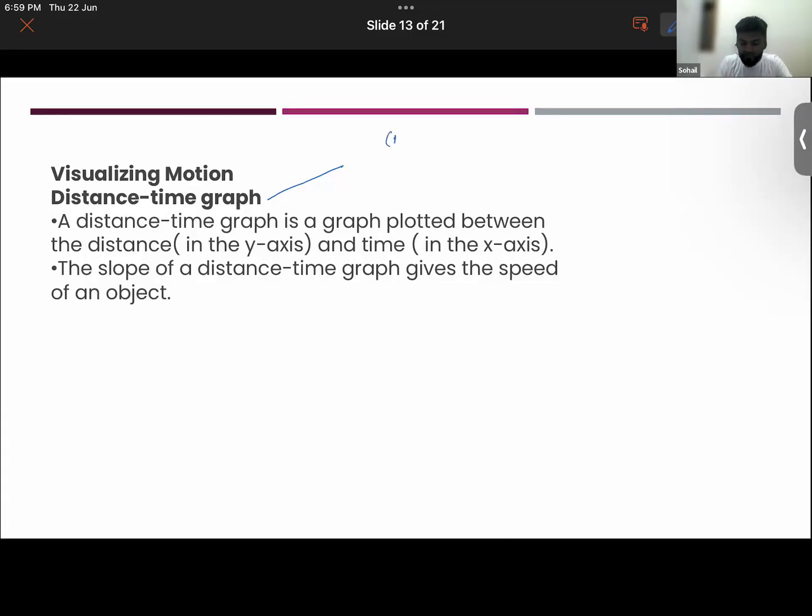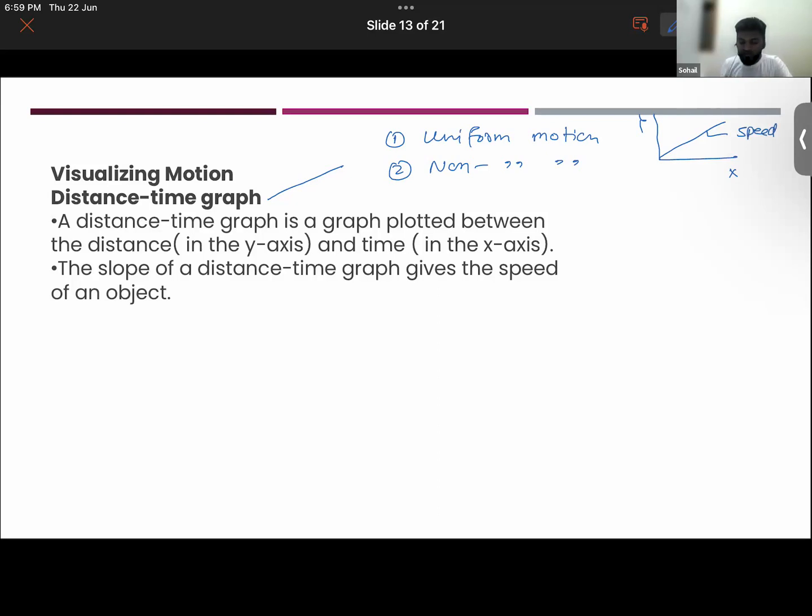First we talked about uniform motion, and then non-uniform motion. In uniform motion, the graph gives a straight line, and that straight line represents the speed of the body. It means the speed is constant and not changing with respect to time.